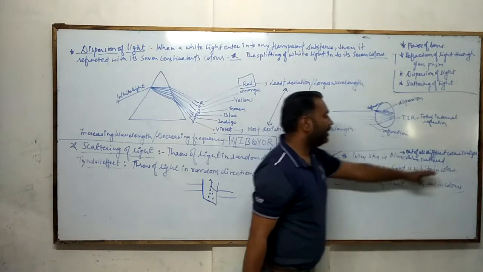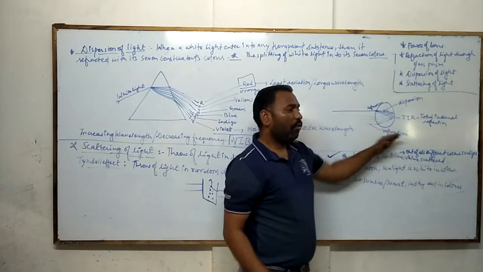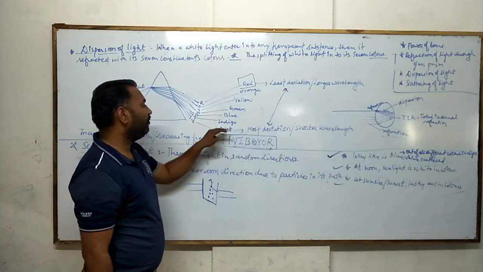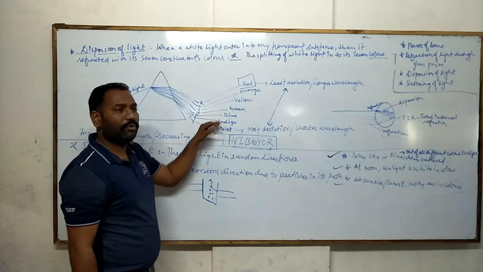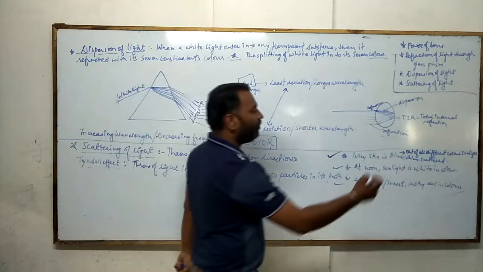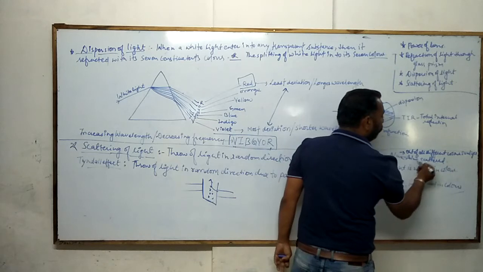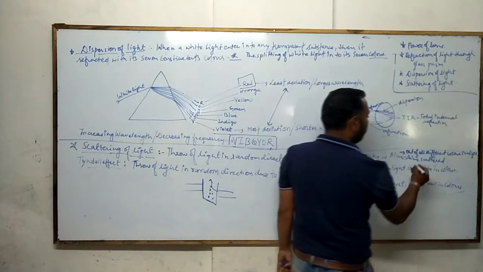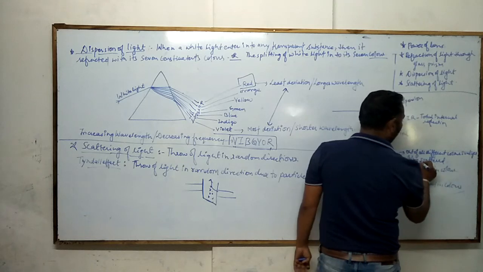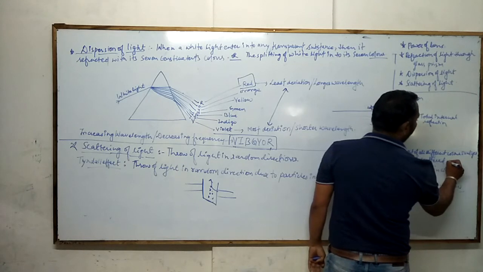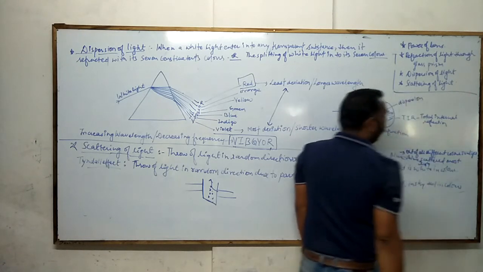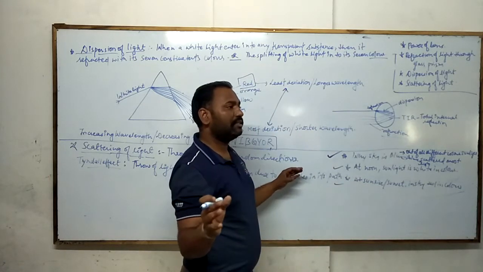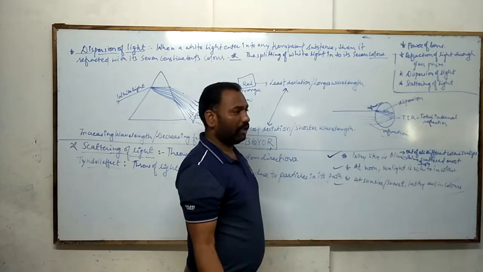The sunlight is white in color. So the most deviation is in the violet or blue light. It means blue light, so when white light is coming from the sun, blue light is scattered most, and due to that all the blue light is scattered initially. That's why the sky looks blue in color.